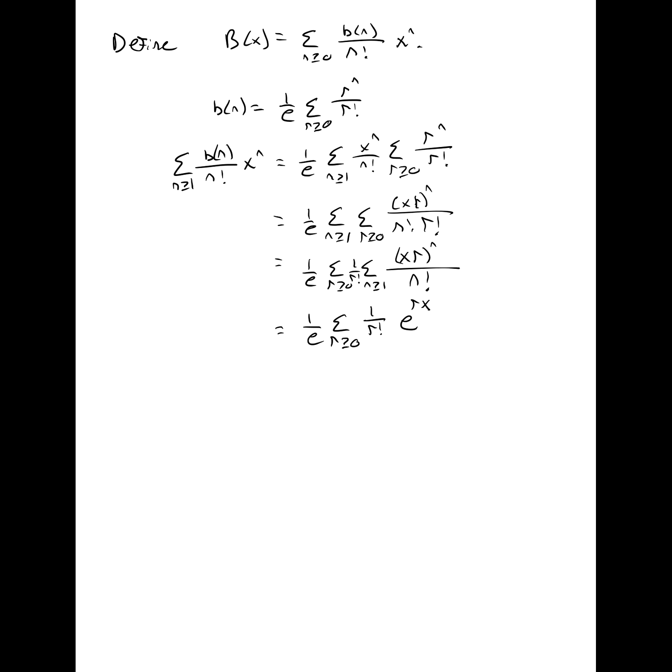But notice normally when we're defining the power series, we start at 0, and this one starts at 1. So we have to add and subtract 1, so in order to do that, we're just going to subtract 1 from this. But we want to be able to write it like this. I mean, it's way better to write it as e to the rx minus 1, as opposed to this infinite series.